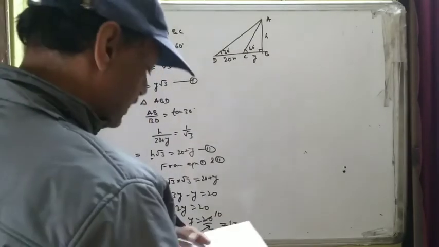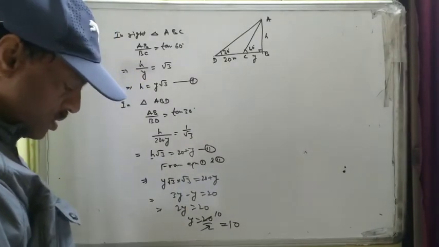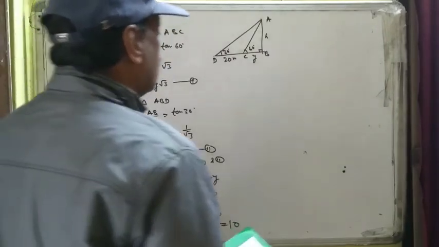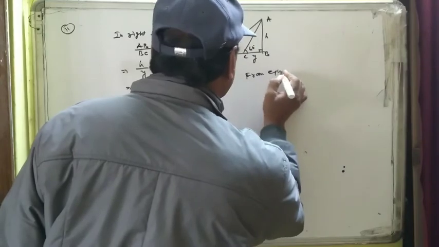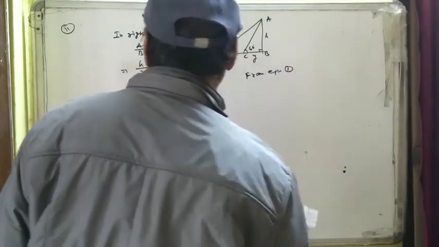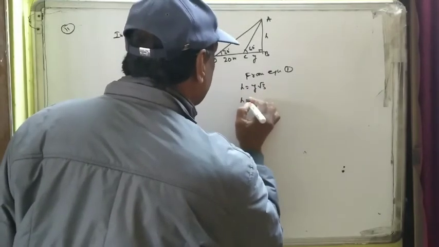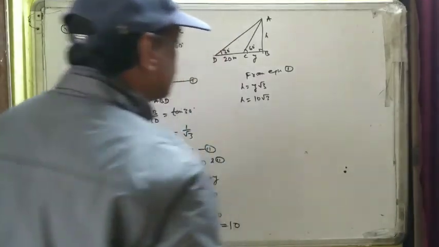The value of Y is 10, and now we have to find out the value of H. From equation 1, just write H equals Y√3, and we have Y equal to 10, so this is 10√3.